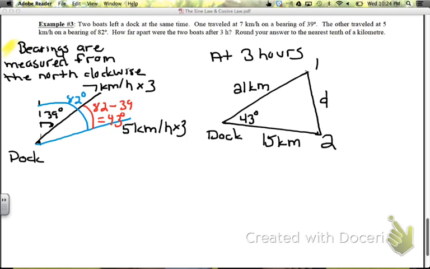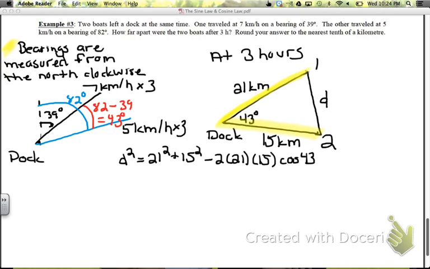So you notice here we have side, angle, side. So one of the characteristics of when we can use our cosine law. So we have d squared will be equal to 21 squared plus 15 squared minus 2 times 21 times 15 cos 43.